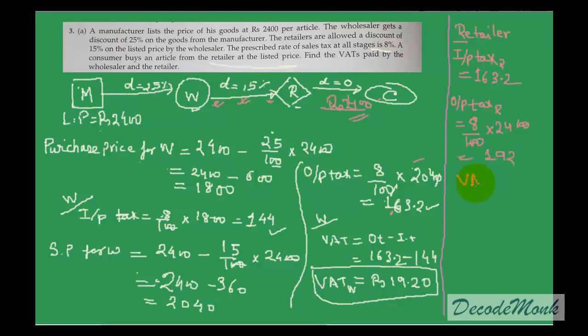So the VAT paid by the retailer will be equal to output tax minus input tax. So this is 192 minus 163.2, the values of output tax and input tax respectively. This will give you 28.8. So this is the answer to the second part of the question.